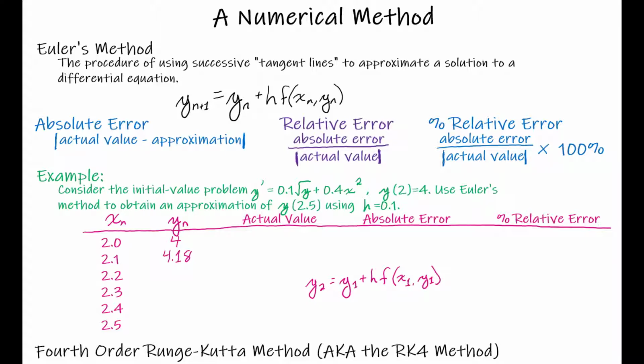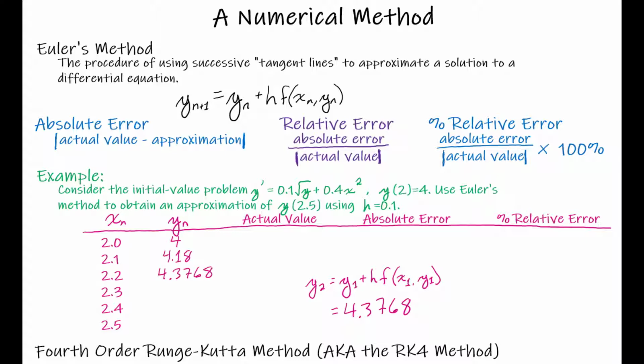So now I'm going to repeat the same process, except instead of substituting in 2 for x and 4 for y, I'll put in 2.1 for x and 4.18 for y. When I do this, I'll find that y2 equals 4.3768. And I should now put this into my table, into the y2 slot.